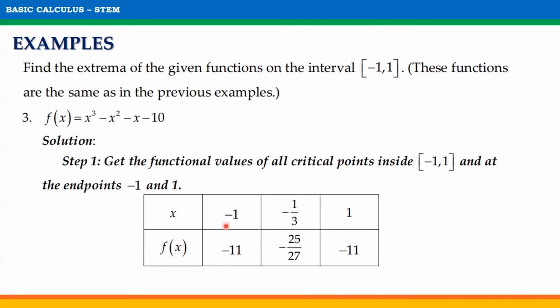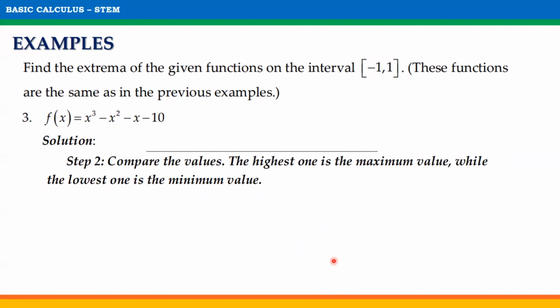When x is equal to -1, the value of f of x is equal to -11. When x is equal to -1/3, the value of f of x is -25/27. When x is equal to 1, then f of x is equal to -11.